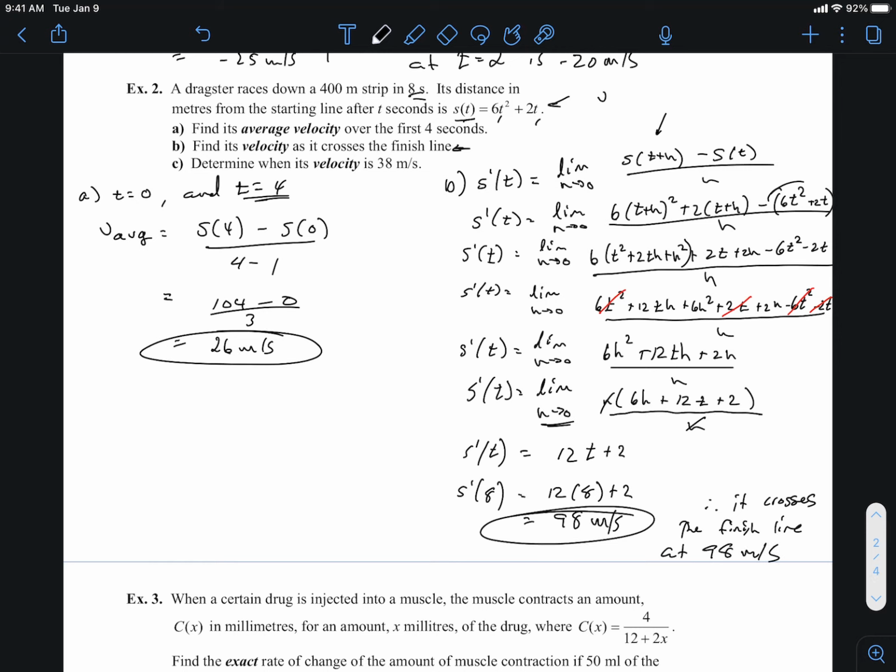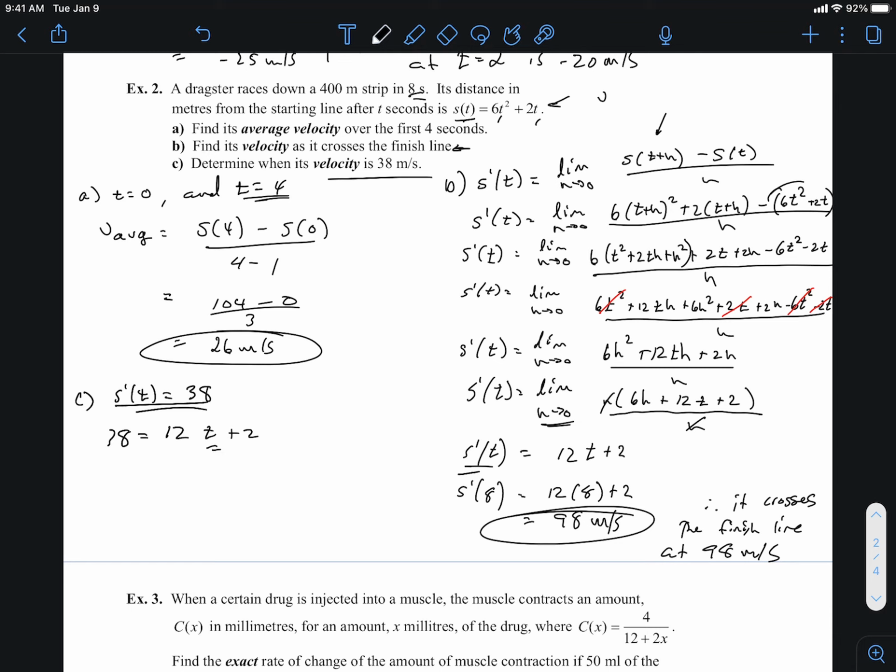Now, the last part here is we want to find when its velocity is 38 meters per second. Well, that's fine too, right? Because we now know, what's this telling me? Part C is telling me that S prime of t is equal to 38. So I can just replace S prime of t. So we know that 38 is equal to 12t plus 2.